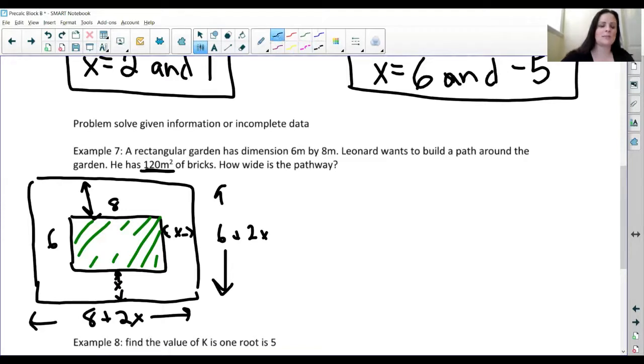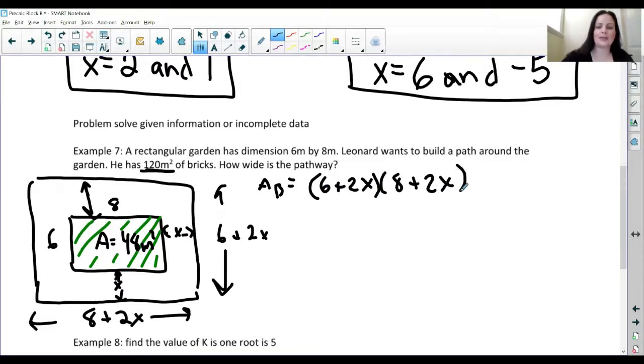The area of the small one is going to be 6 times 8. The area is going to be 48 meters squared. Okay. The area of the big rectangle is going to be 6 plus 2x times 8 plus 2x. So that whole thing is the area.